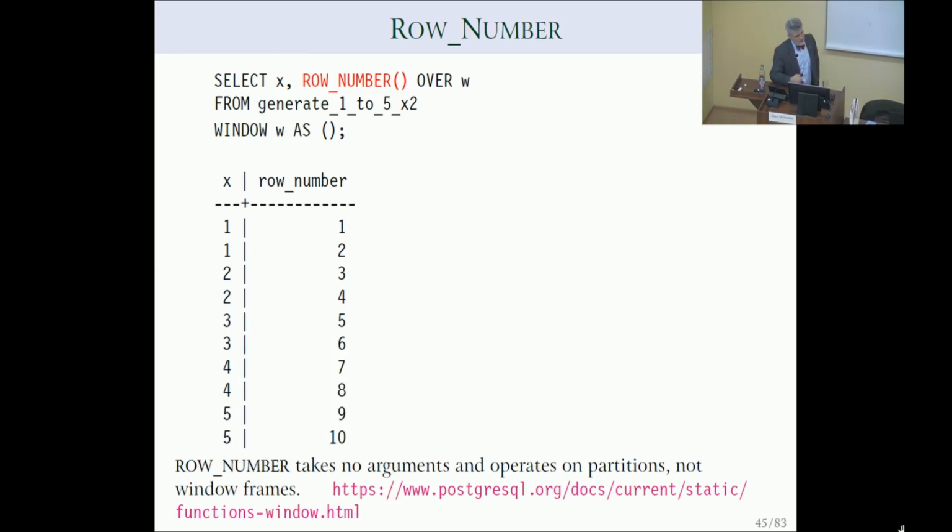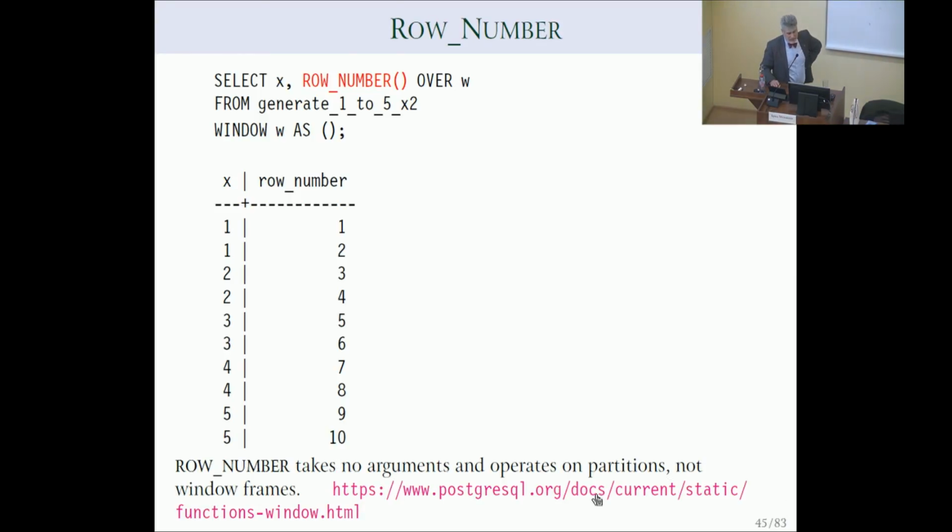The first one is very trivial. It's called row number. One of the unusual cases where an underscore is used for a function in the SQL standard. Row underscore number effectively just gives me numbers for my rows. So basically, here's my rows, and here are the numbers for those rows. Okay.